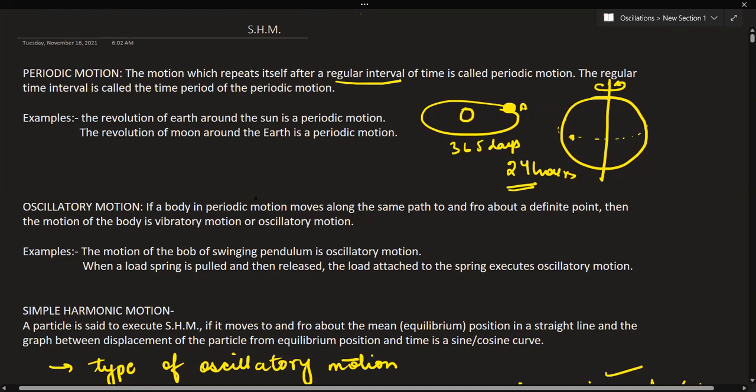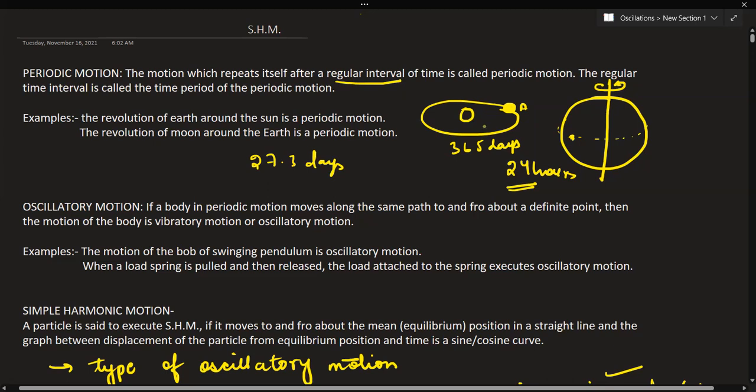Similarly, the revolution of the Moon around the Earth is a periodic motion. Why? Because we know that after 27.3 days, the Moon will again revolve around the Earth. It won't stop there.